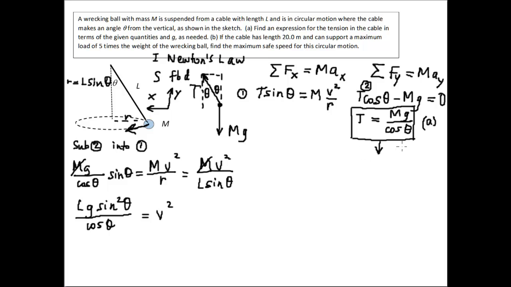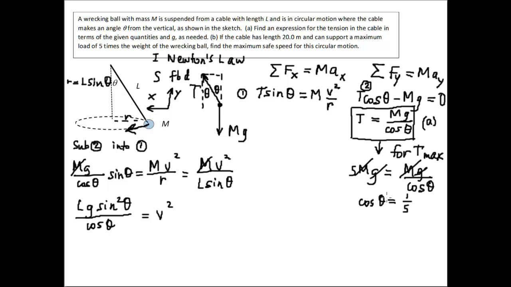So for T max, we're told that that's 5 times the weight of the wrecking ball, so T would be 5 mg equals mg over cos theta. And look, the m's cancel out, the g's cancel out, and we solve for cos theta, and we get 1/5.